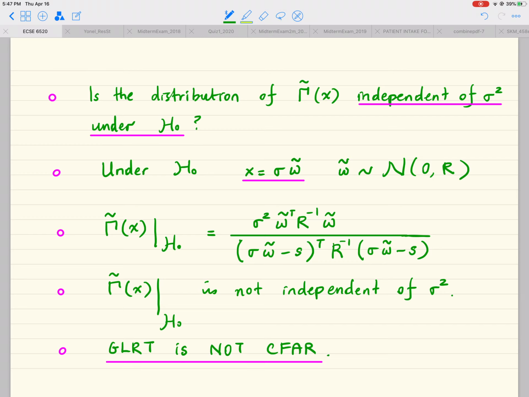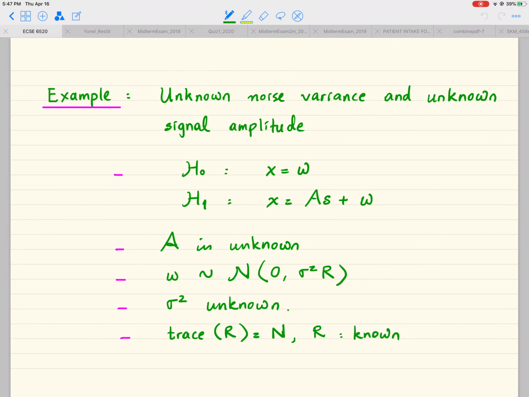Okay. So now let's consider another problem to see if we can obtain a CFAR test. This is the case where, again, we don't know the noise variance and we don't know the signal amplitude.